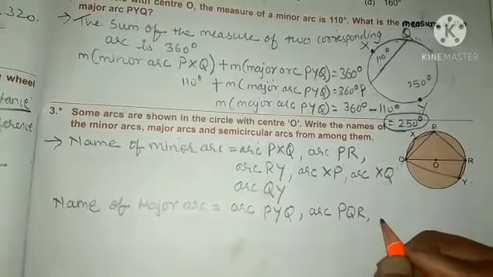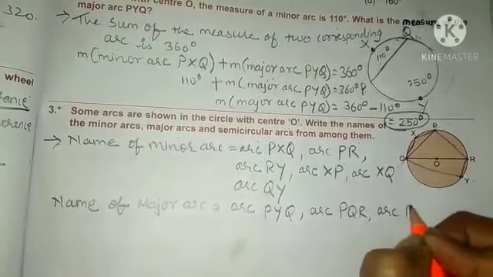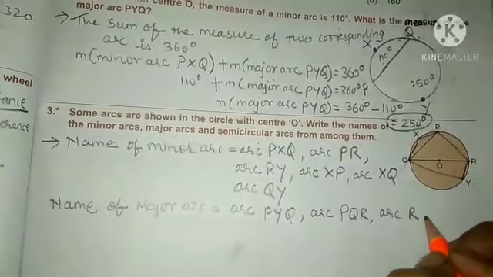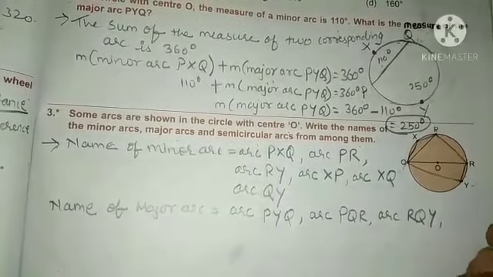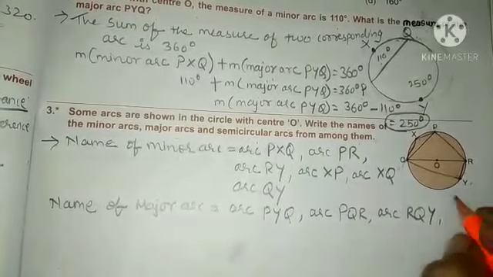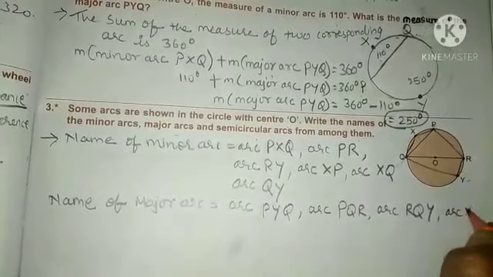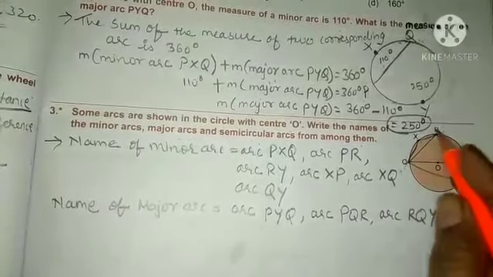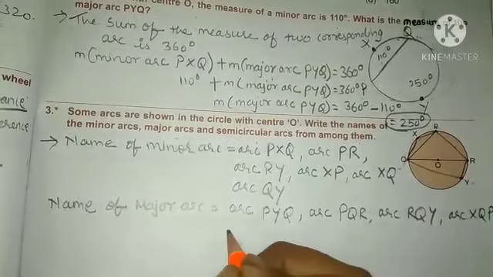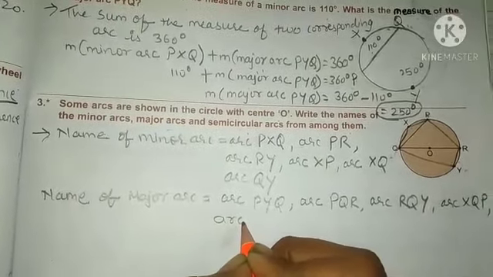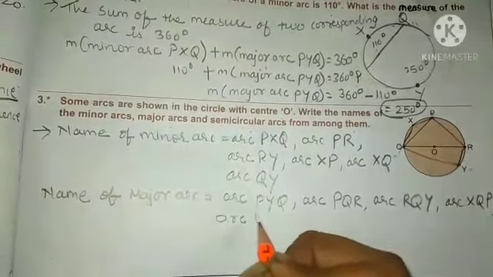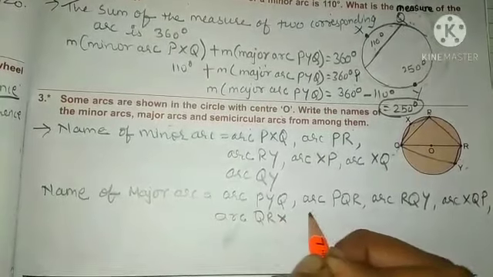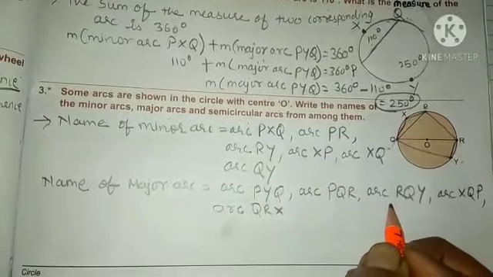Understood? Then the next one is arc RQY. Then the next major arc is arc XQP. Clear? XQP. Then the next is arc QRX. Understood, everyone? So these are all the major arcs. Understood?